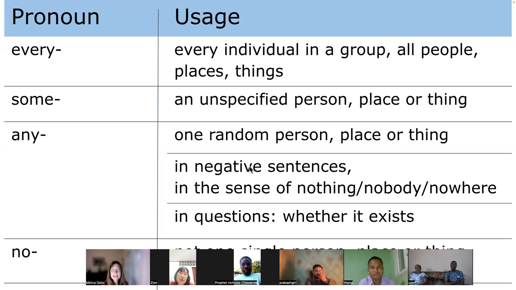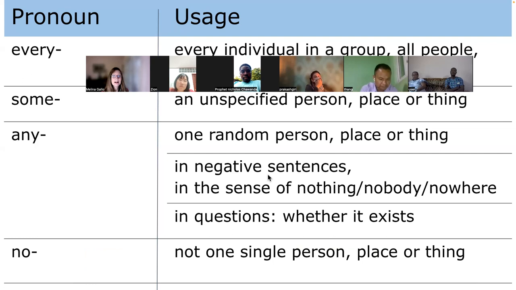And when we use it in the negative sentences, any can be the same as nothing or nobody or nowhere, but we just use a negative verb with it. In questions, it means, does it exist? Is anyone here? Is there anything we need to do? And then no is none, not one single person, place, or thing.